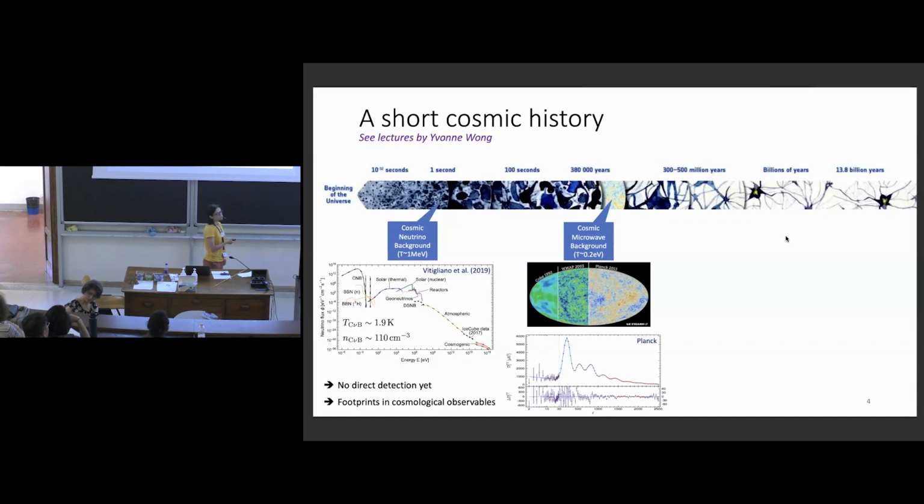If you project these temperature fluctuations in spherical harmonics, and then you do a Fourier transform, you can get this power spectrum of CMB temperature fluctuations.